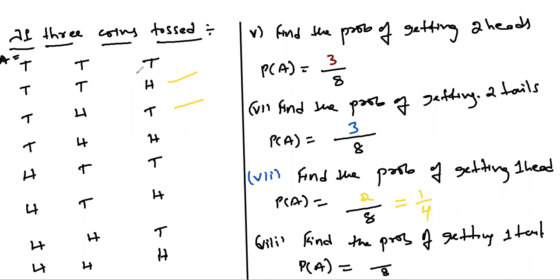So one tail. One tail, one tail, but two, it should be 3. One more is there, no? This is 3.